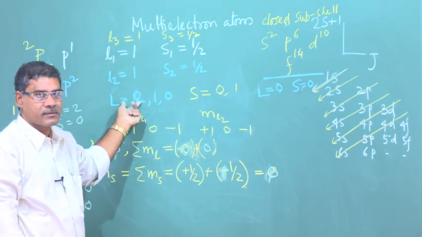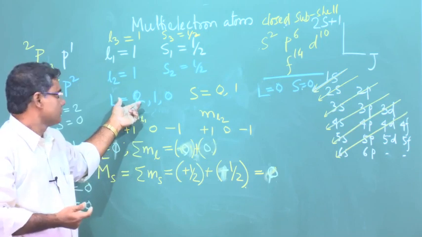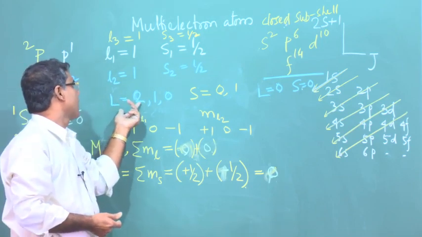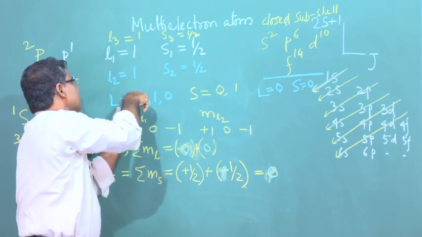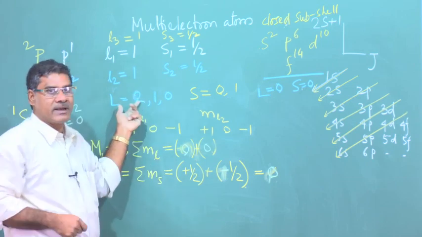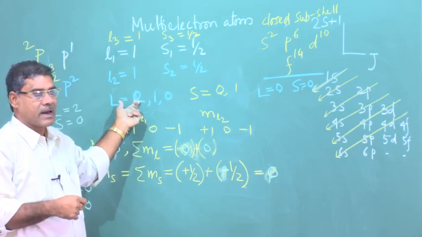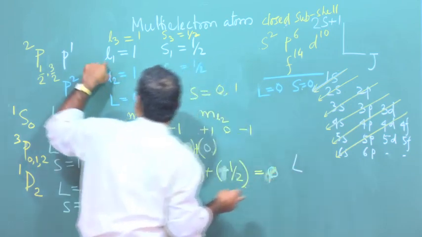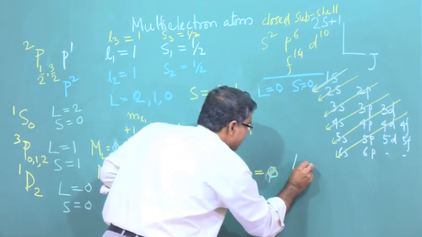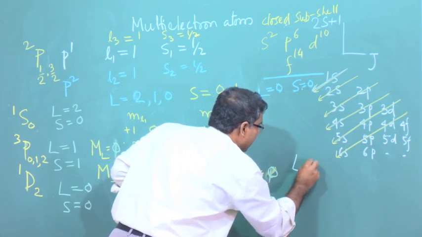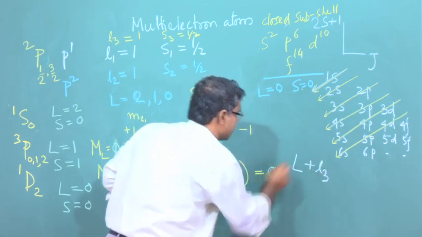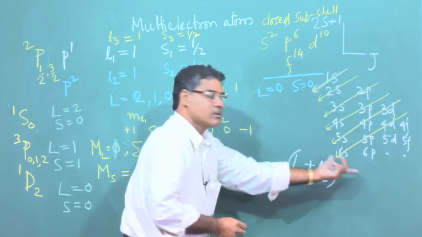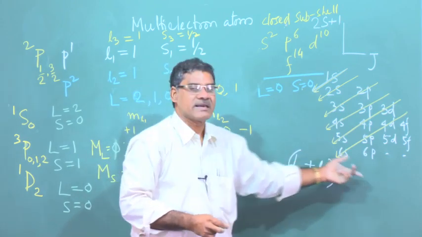Now I will add this L3. What will I get? Just the vector sum. 1 and this is 2, I will get 3, because the summation is this resultant L plus L3, from this value down to L minus L3.